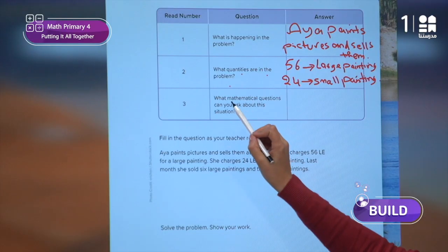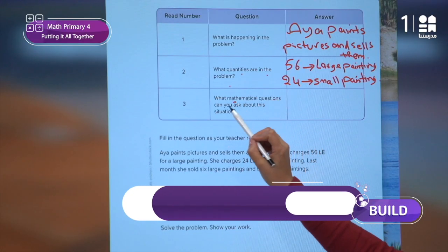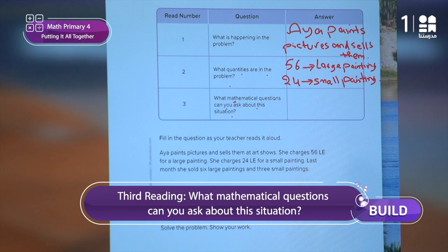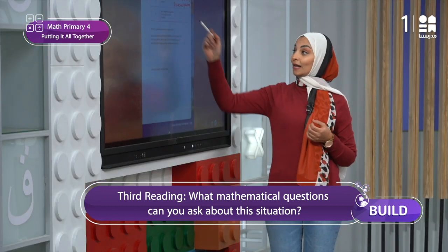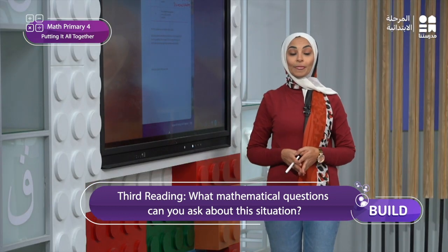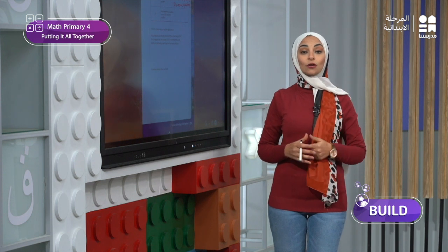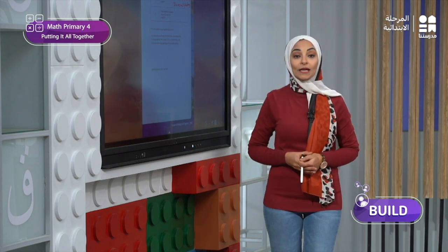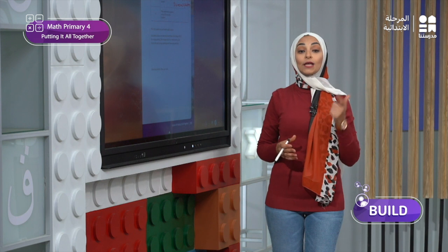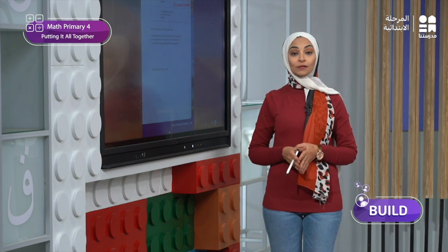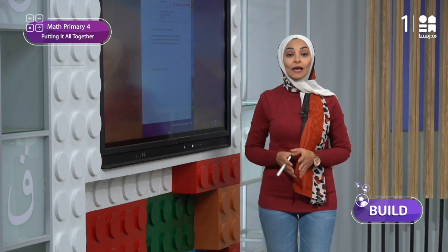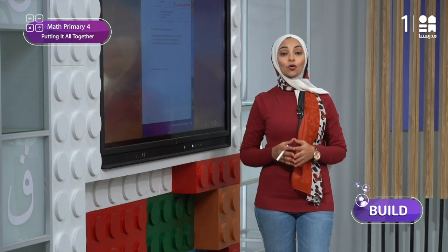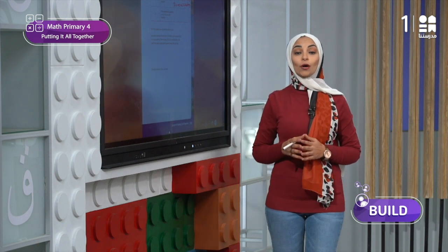What does the third question say? What mathematical questions can you ask about this situation? Meaning, what questions can I ask in this problem? I can ask how much did the large paintings cost, and what else? How much did the small painting cost? Right? I can ask about the total cost of the paintings sold throughout the month.